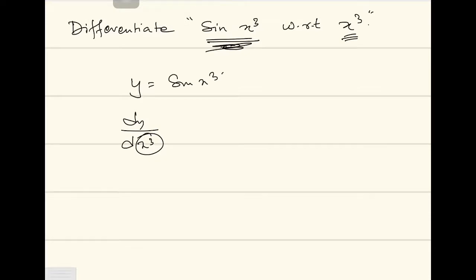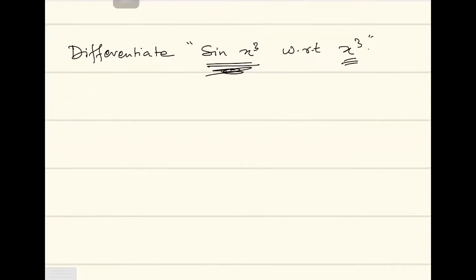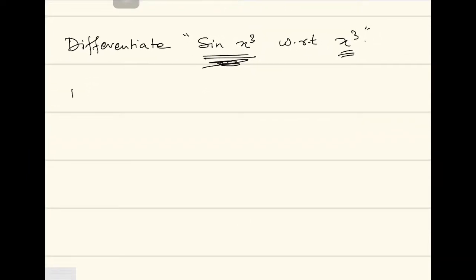Writing x cube here seems quite complicated, so let us follow the theory as mentioned earlier. I have to say the first function is y and the second function is z. So let's start, everyone. Let y equals sine x cube, and let z equals x cube, the second one.